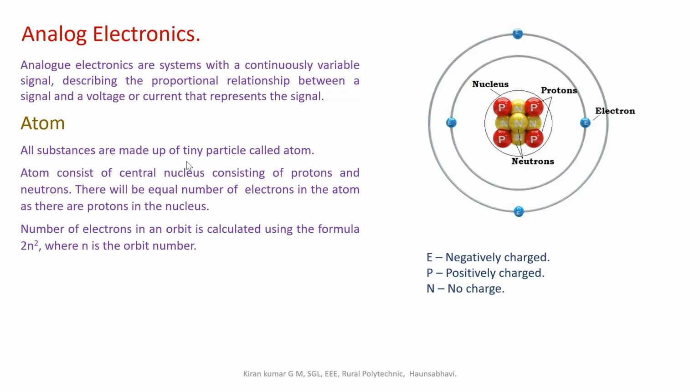Atom is basically the tiniest particle of any substance, and it consists of the central nucleus having positively charged protons and neutrons with no charge, and there are an equal number of electrons to the protons present in the nucleus, which revolve around the nucleus at different radial distances.